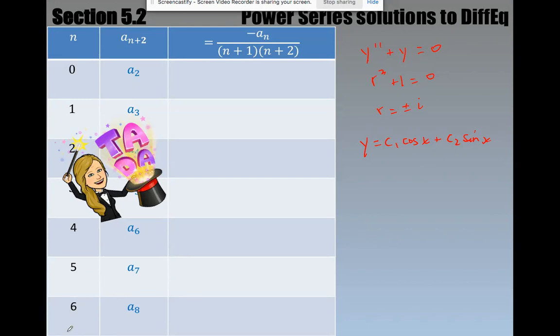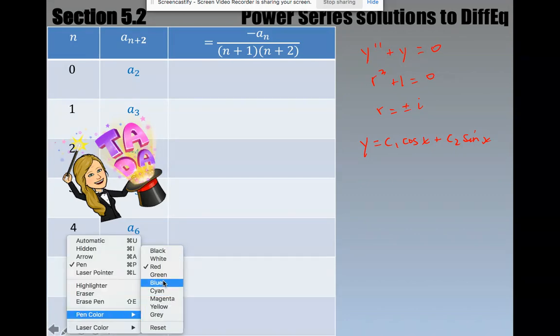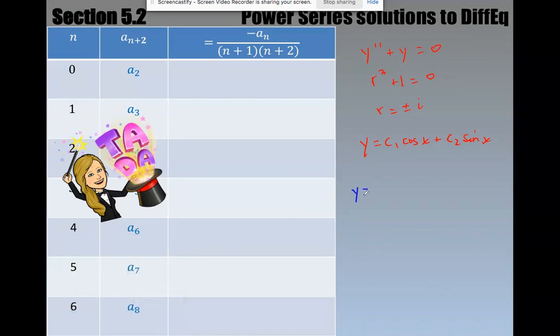Oh my gosh, that's what we have. We had y is equal to a sub 0. Okay, that's my c sub 1. Cosine, so what was that? Oh yeah, that was the evens, right?